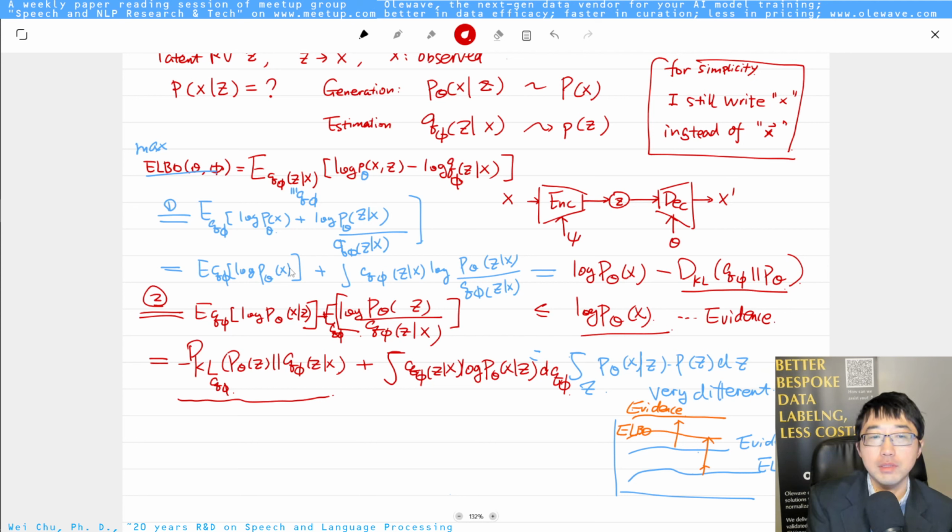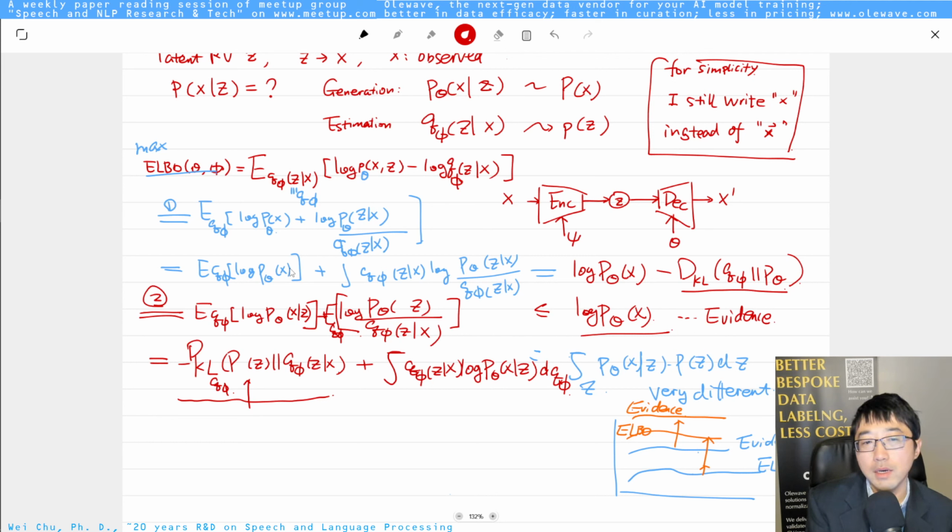Suppose p theta of z, actually you can just remove the theta here, because this has nothing to do with theta. Z should be a hidden variable. How do you see that? And then this thing, leaving it on is fine.